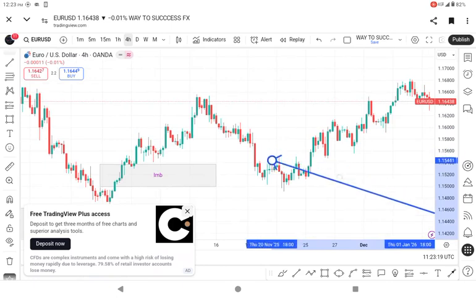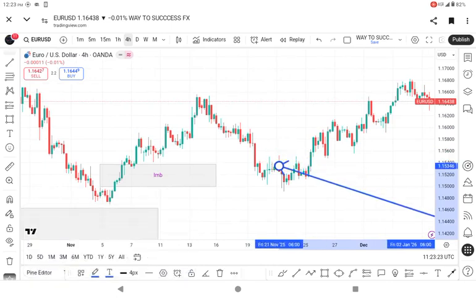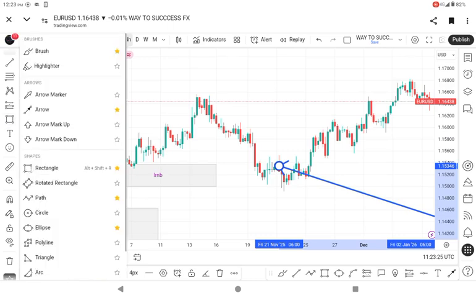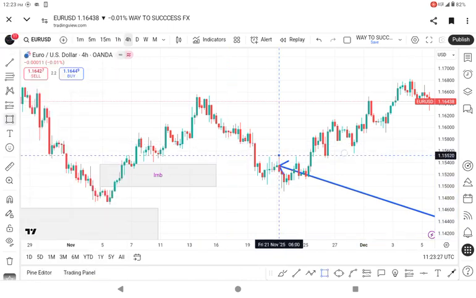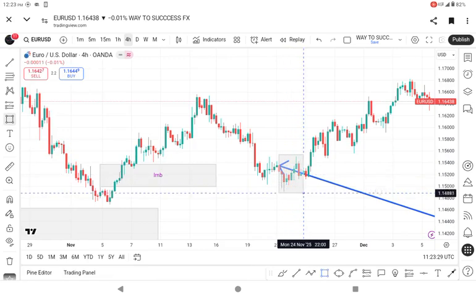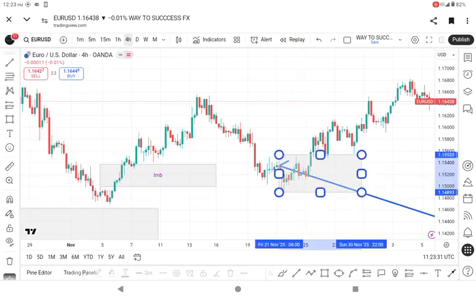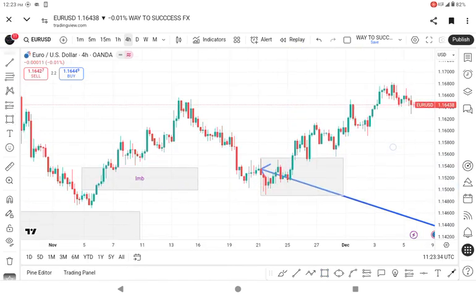So as you can see, that is exactly what happened. Price returned to this order flow here, as I've analyzed, and continued going to the upside. Price didn't take any inducement, and price continued to the upside.